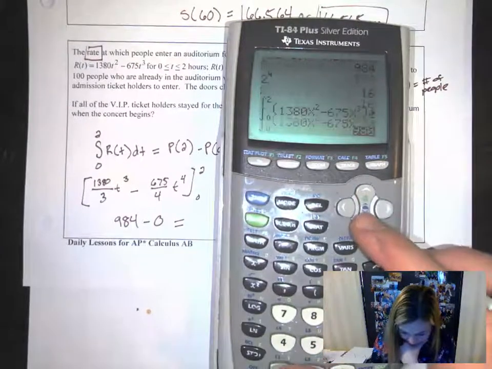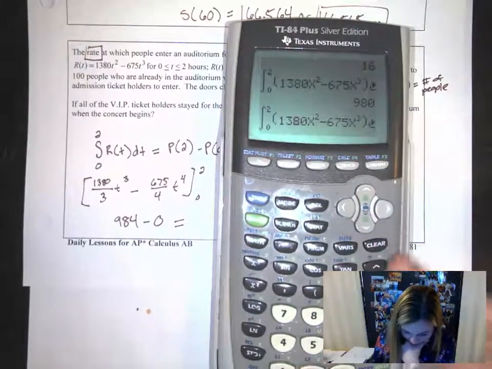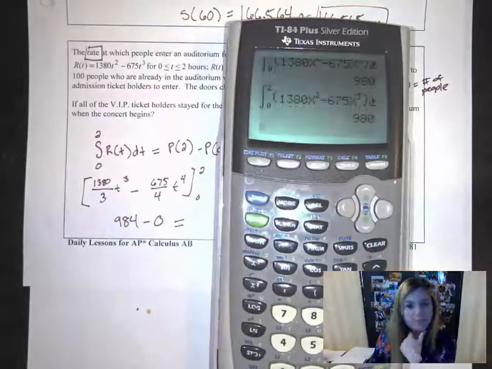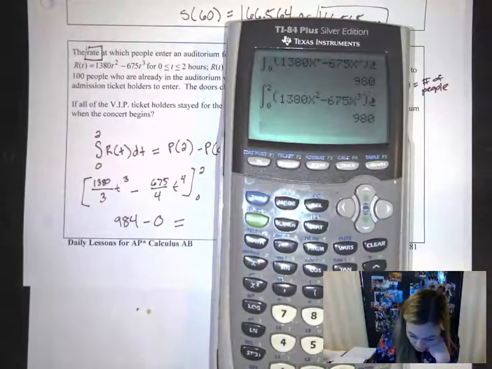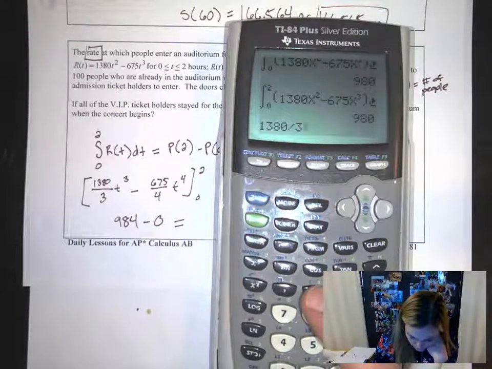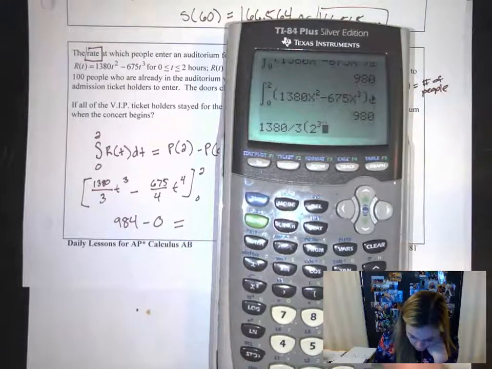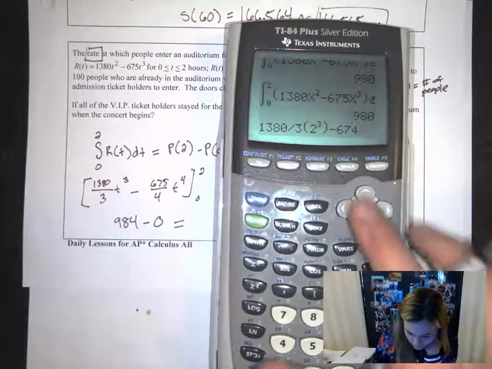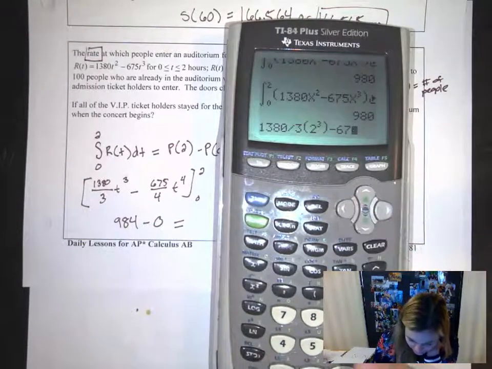I'm going to do that one again. What did I write? 674 instead of 675?